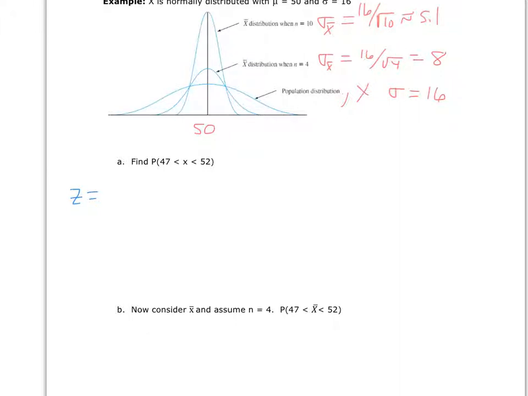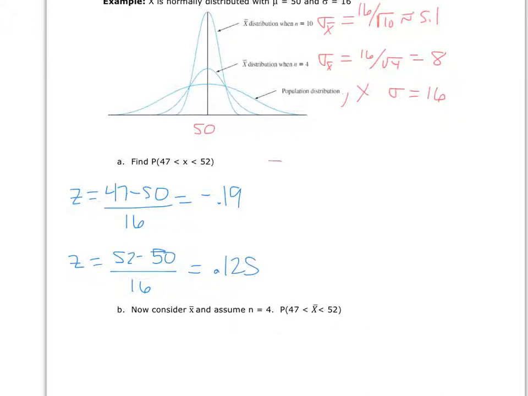For x equal to 47, 47 minus 50 over 16, we get a z-score of negative 0.19. And for 52, subtract 50, divide by 16. That gives us a z-score of 0.125.